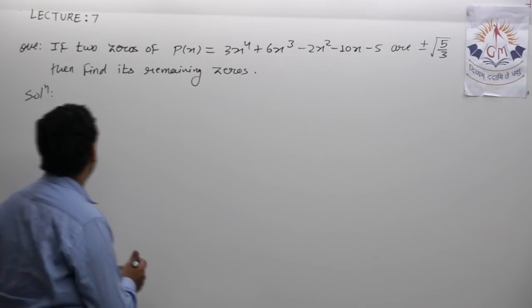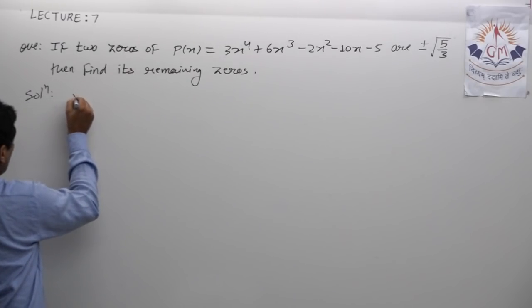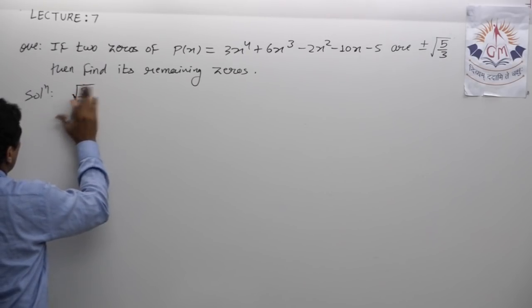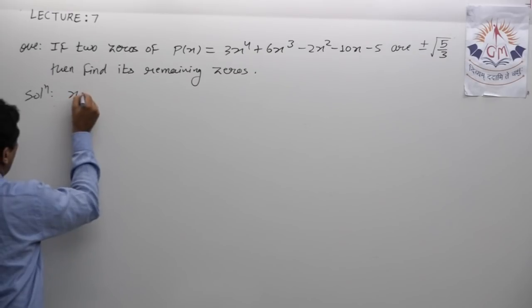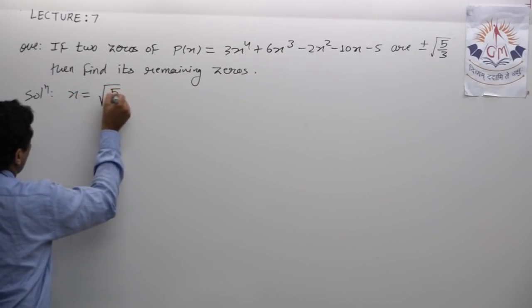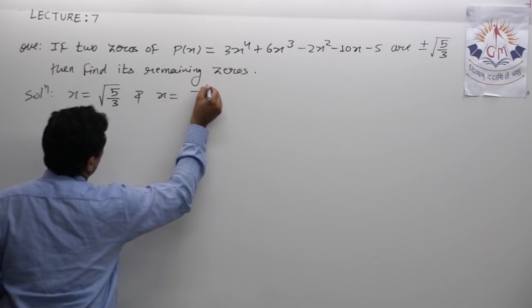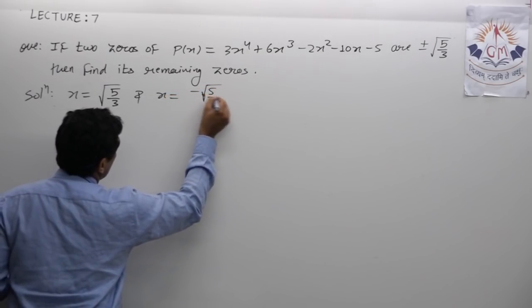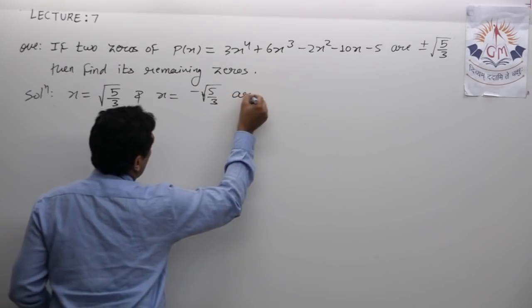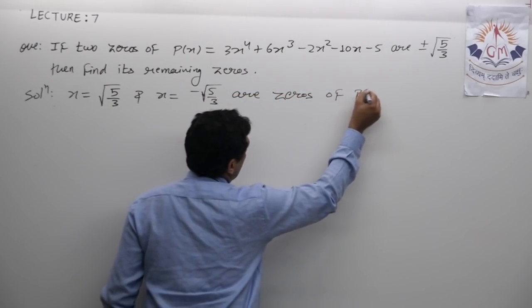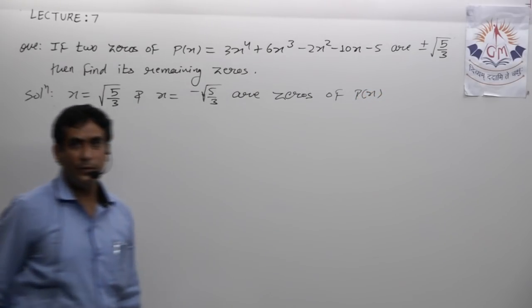So first of all we'll write x equal to root 5 upon 3 and x equal to minus root 5 upon 3 are zeros of p(x), just like the previous question.